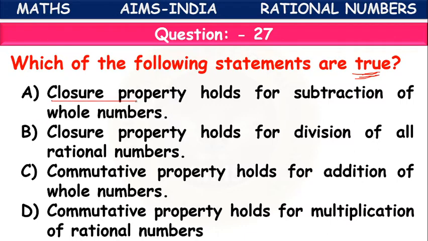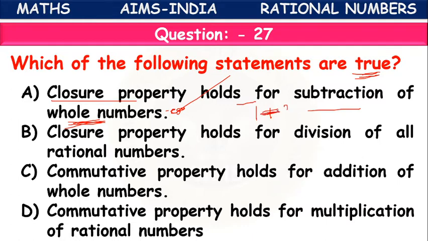Closure property holds for subtraction of whole numbers. They gave whole numbers here.